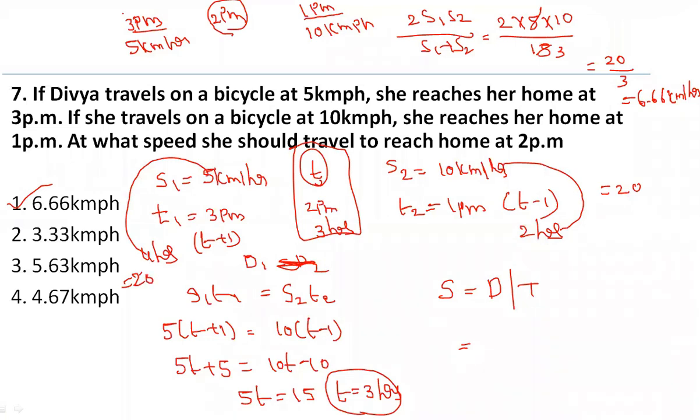Any which way is the same. So distance is equal to 20 kilometers divided by the actual time for 2 p.m., which is 3 hours. 20 by 3 means 6.66 kilometer per hour.